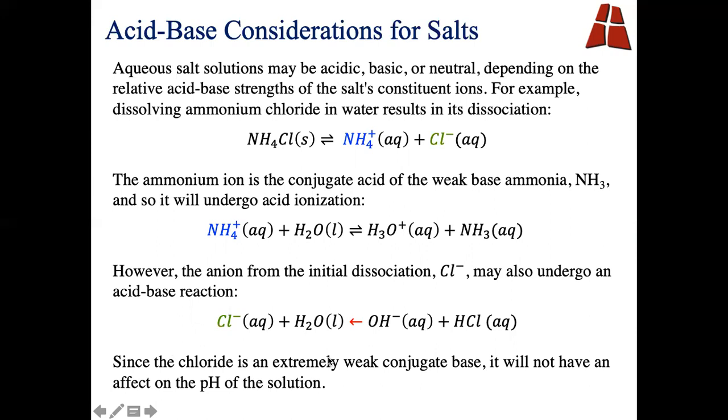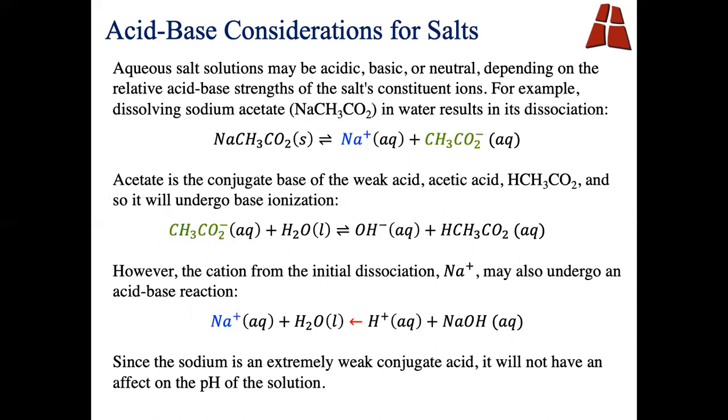We would just have chloride as a spectator ion instead of affecting the pH. The same would be true for something basic, where if we start with sodium acetate, our acetate can react with water, making our solution basic. Sodium is the conjugate acid of a strong base, and so it won't have an effect on our pH.